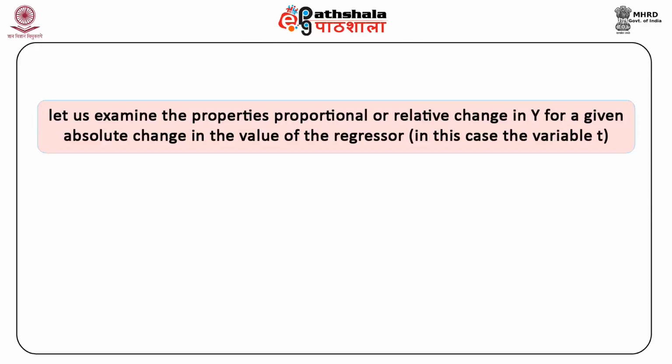Let us examine the properties: proportional or relative change in y for a given absolute change in the value of the regressor, in this case the variable t. That is, yt is equal to y0 into (1 plus r) raised to the power t.